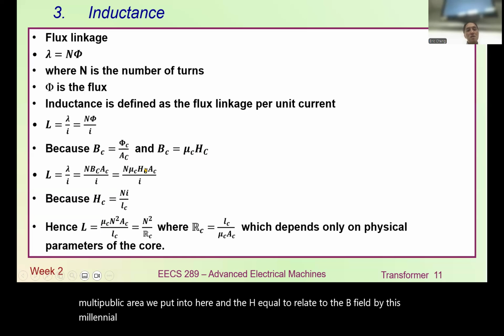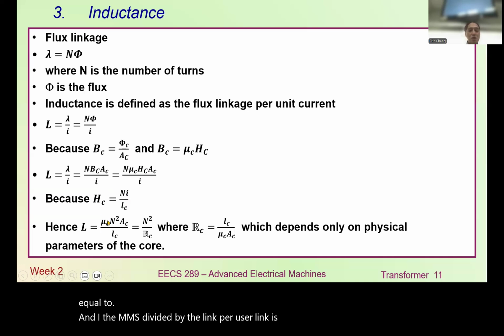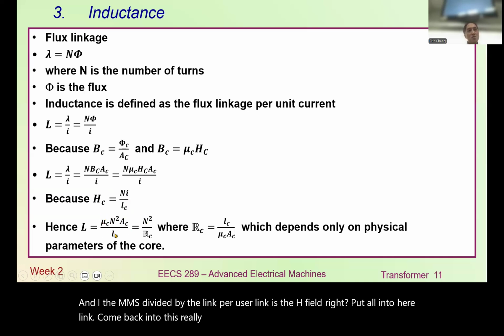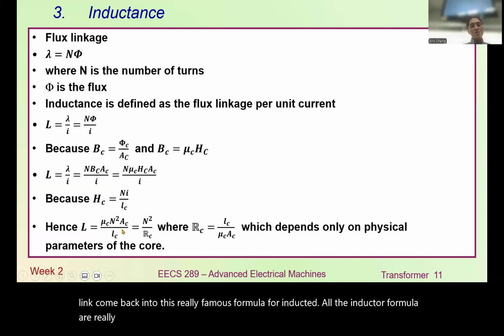We put these two formulas in here, and also the H field equals Ni, the MMF, divided by the length, per unit length is the H field, right? Put all in here and we come back to this really famous formula for inductance. All the inductance formulas are really similar to this. So that's the result of the flux linkage.